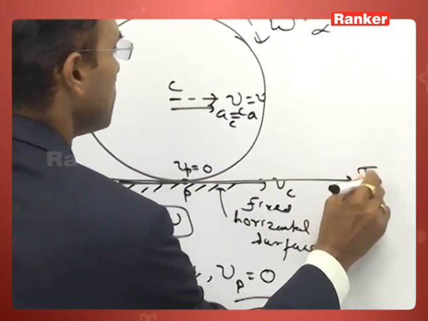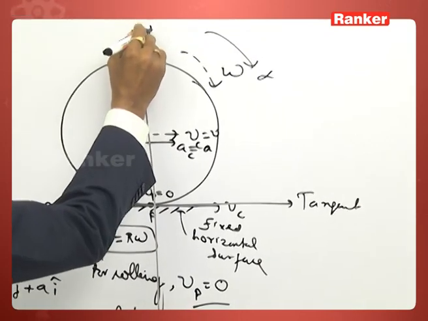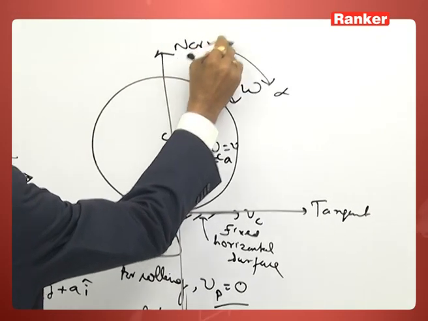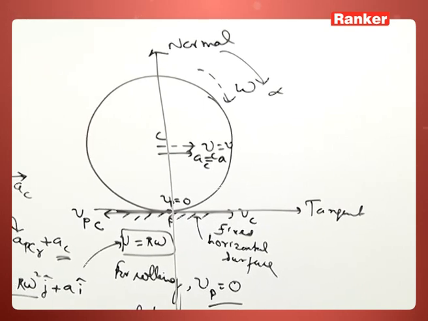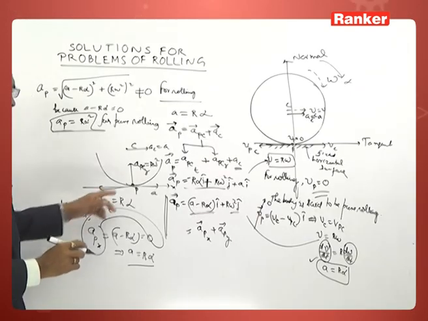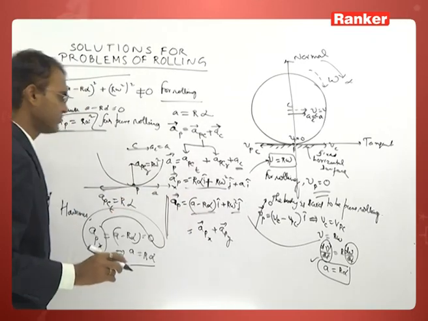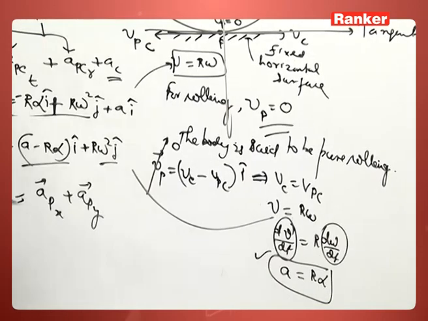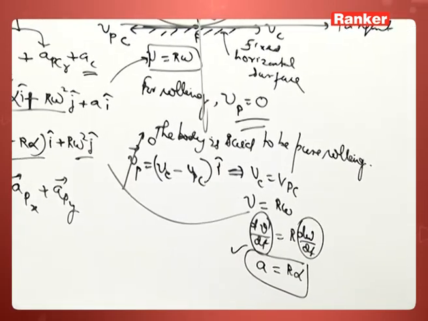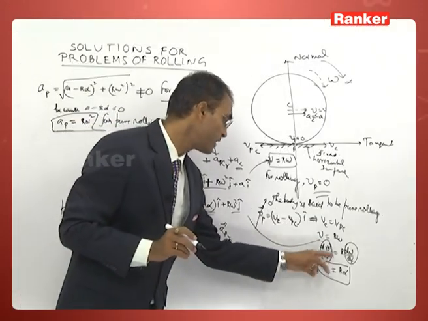This is the tangent and this is the normal. Along the tangent, the acceleration of this point P with respect to ground is A minus r alpha, and the rate of change of the speed of the particle is known as tangential acceleration. The rate of change of the speed of the particle.